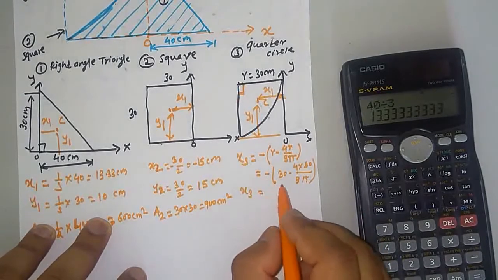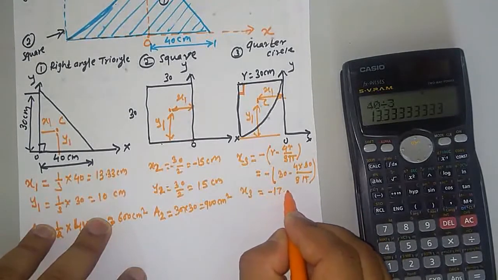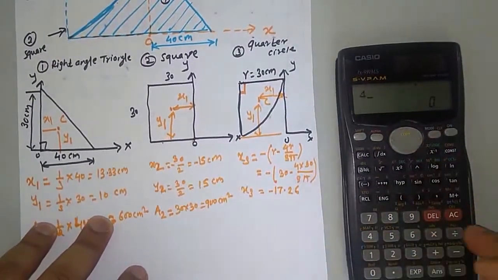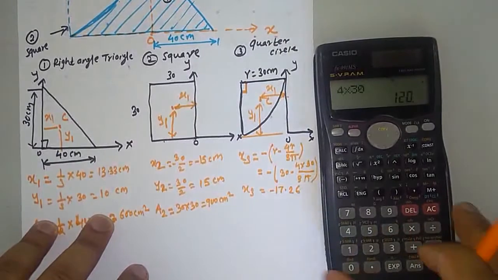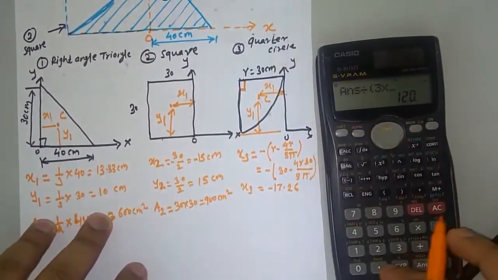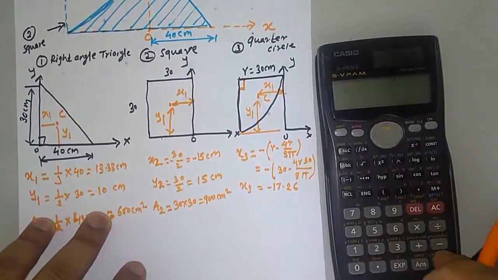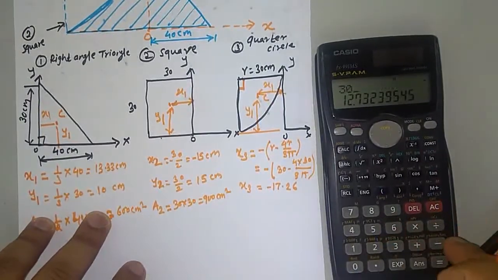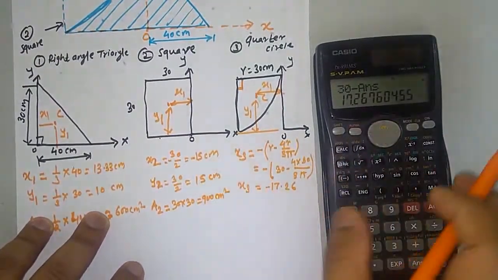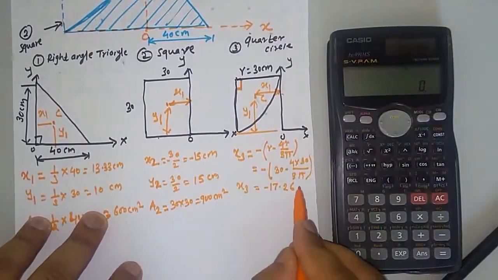Okay, so calculate this and you will get x3. So x3 will be minus 17.26. How is it? So 4 into 30 divided by 3 into pi, then 30 minus that answer 17.26, but the sign here is negative.